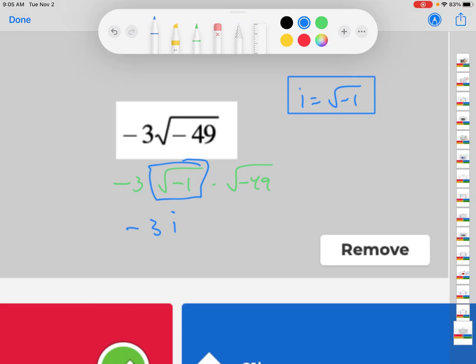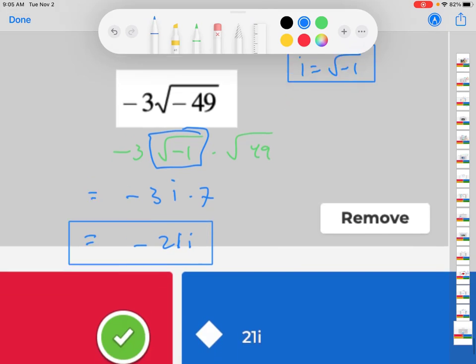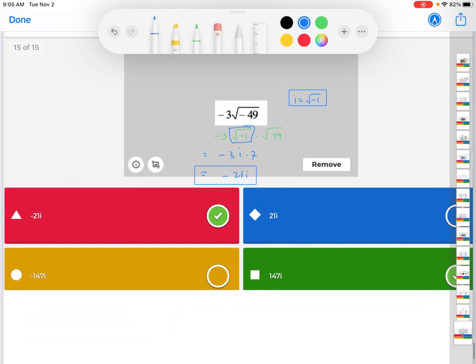So I have -3 times i, times the square root of -1 times the square root of 49 is the square root of -49. So the square root of 49 is 7. And they're all multiplication. So that would equal -21i, and that would be choice, the red one. I hope that was helpful.